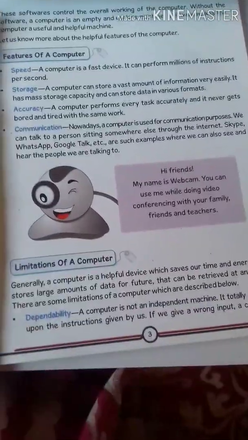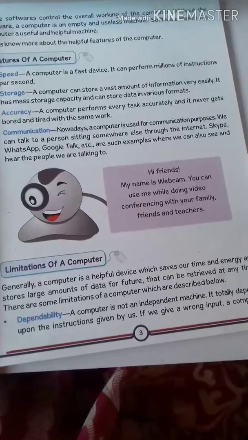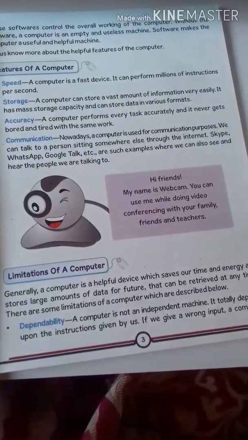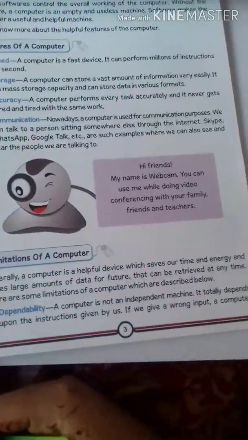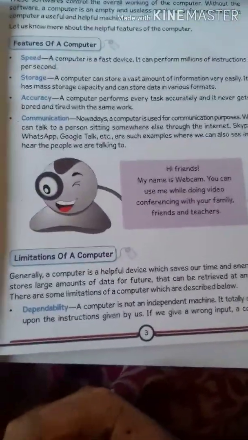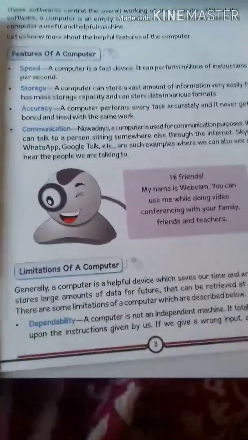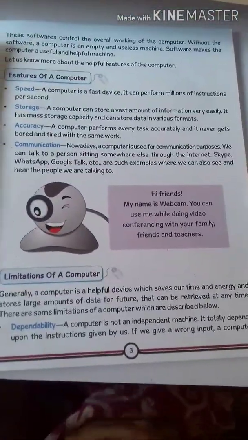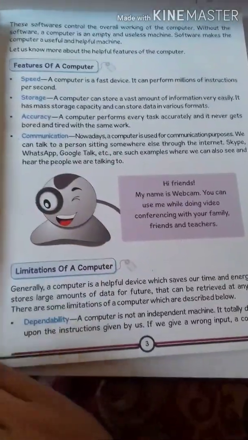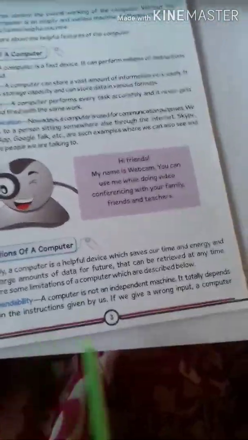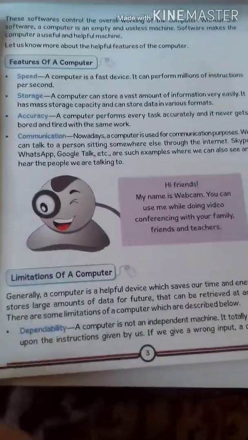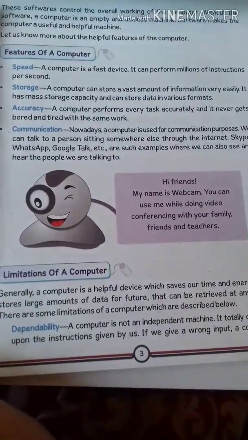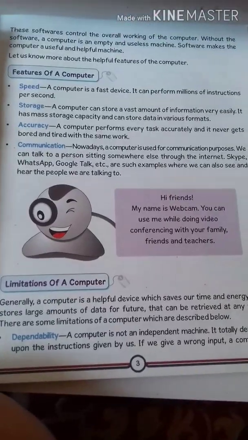There are three limitations: dependency, emotionless, and zero IQ. Let's start with dependency. A computer is not an independent machine. It totally depends upon the instructions given by the user.